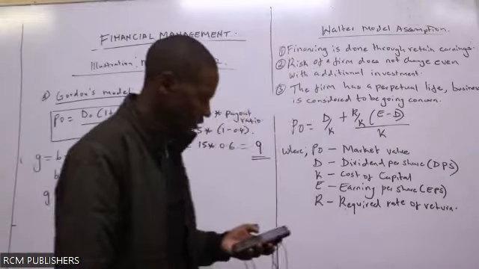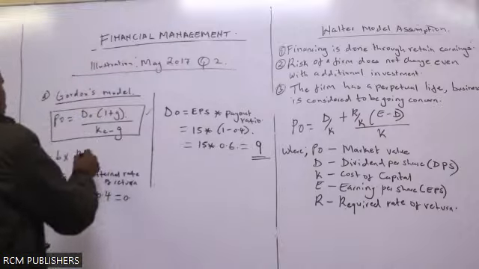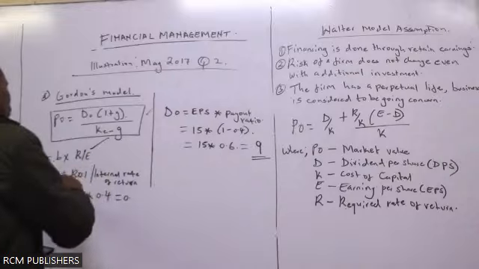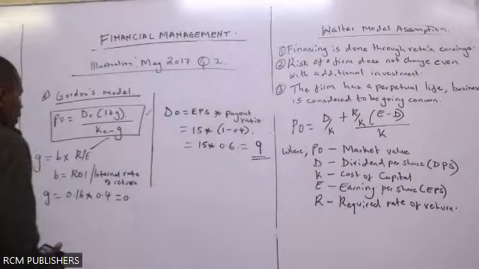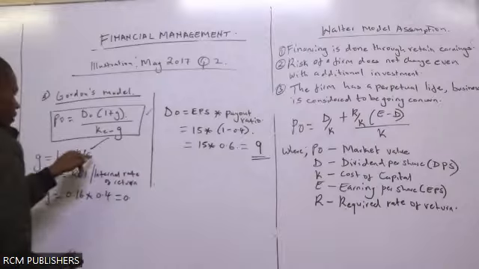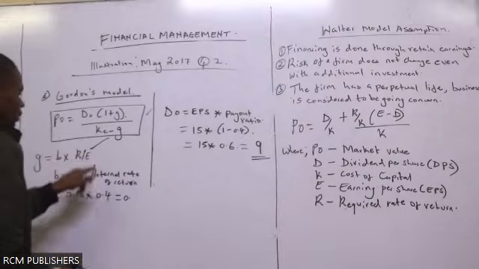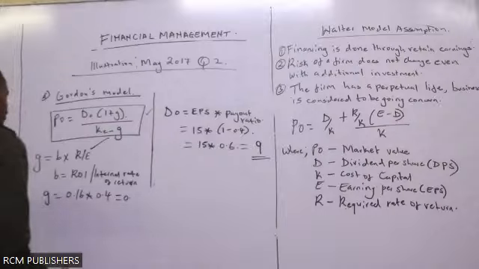We are saying this is your retention ratio, the retained earnings, a proportion of 40%. You multiply that with the return to get the growth. How much is the growth for this company in percentage?